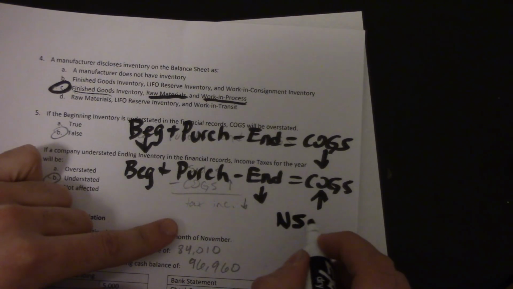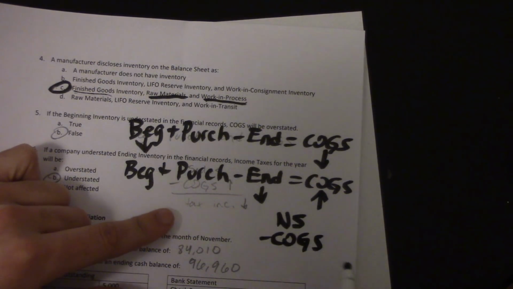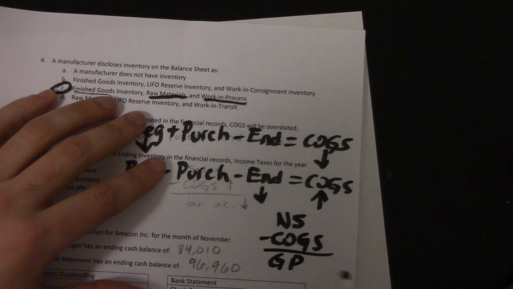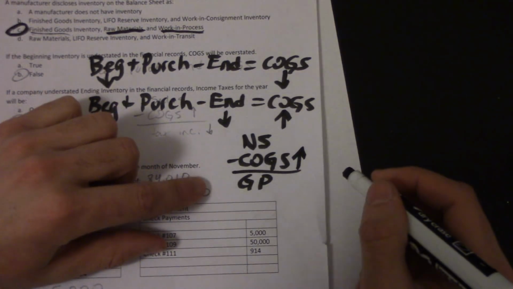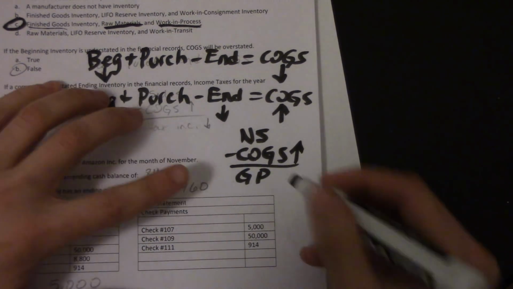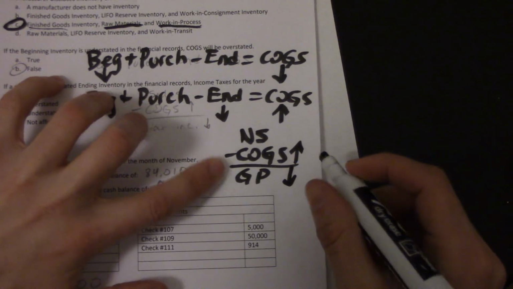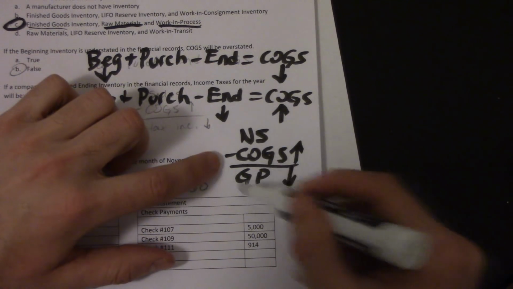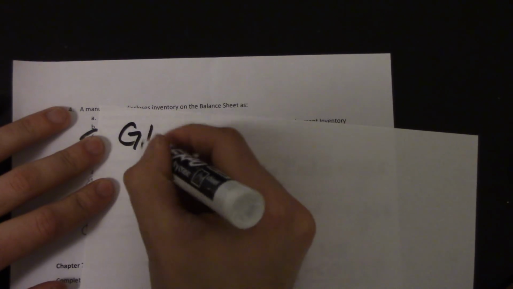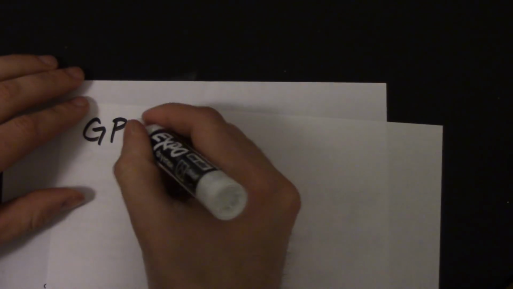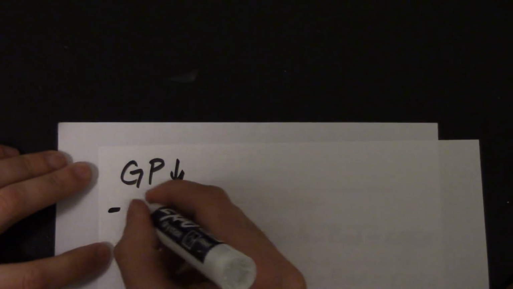From there, we have net sales minus cost of goods sold, which gives us our gross profit. If our cost of goods sold is overstated, or really big, our gross profit is going to be small. If we subtract a really big number, we're going to get a small answer. On the income statement, we go from our gross profit and then we subtract all our expenses.